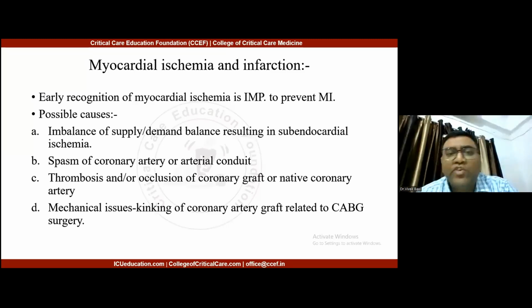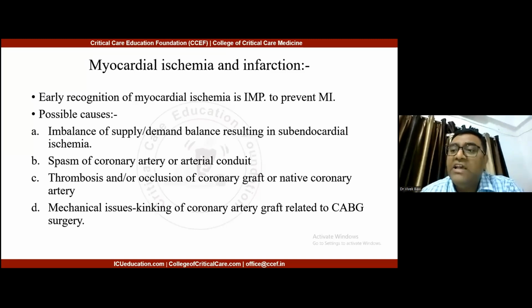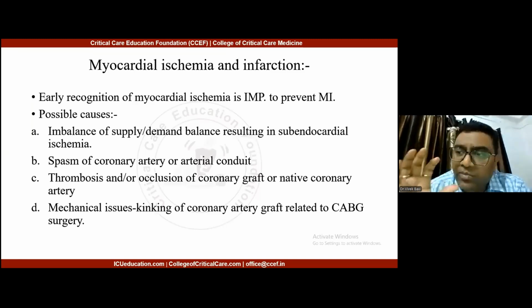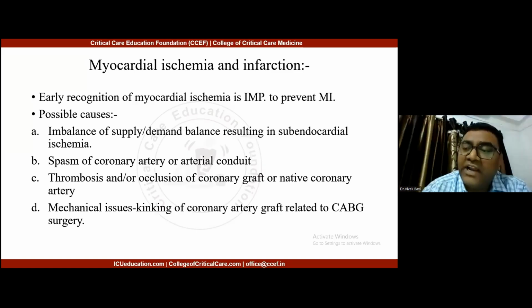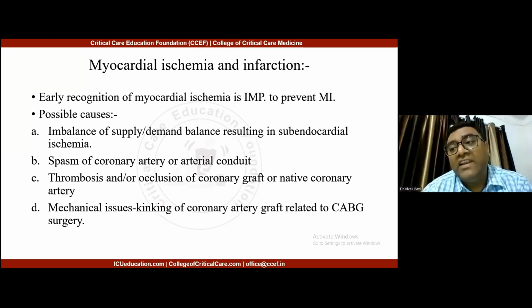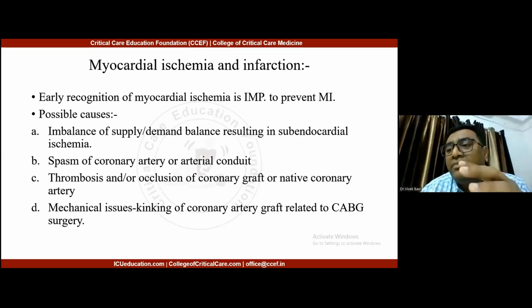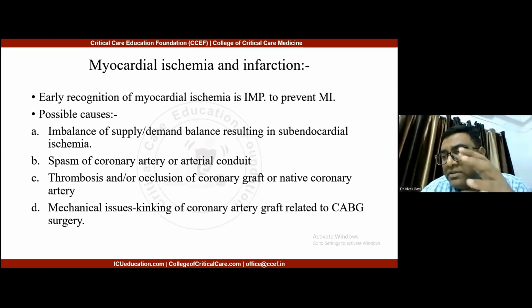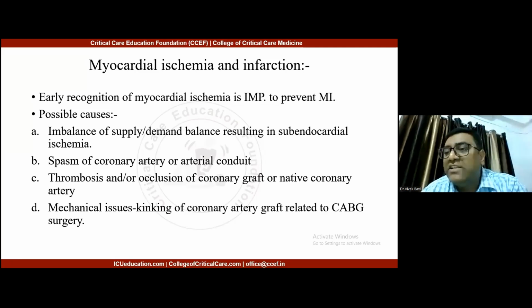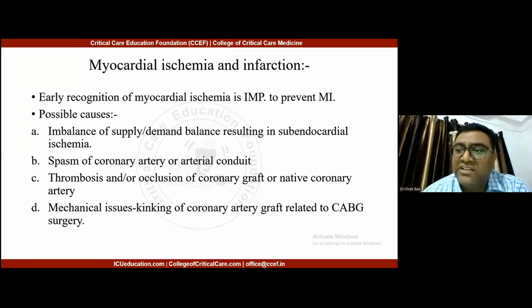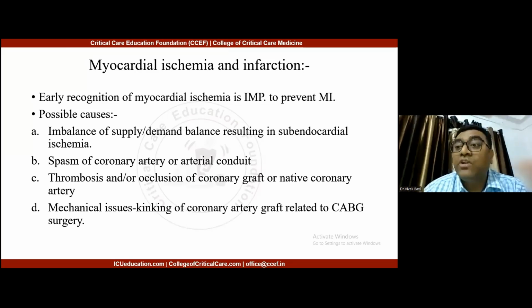I'll be telling you in the next few slides about the ECG, because myocardial ischemia and infarction is very important to recognize early, but it is very difficult to find out, because during intra-op the cardiac handling is very high. That's why subtle ECG changes are going to be there. ST changes, depression, elevation.